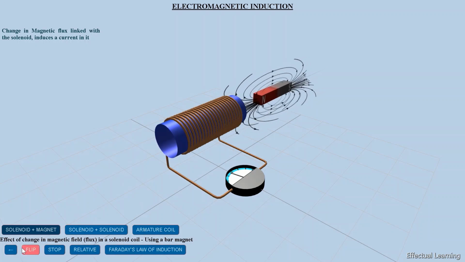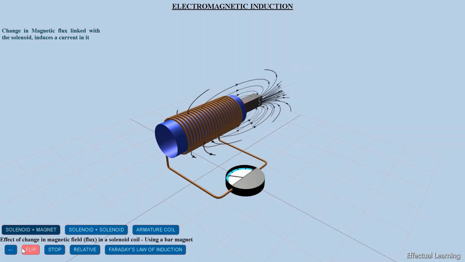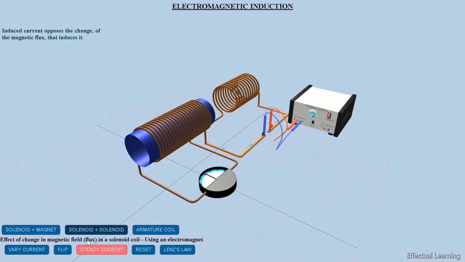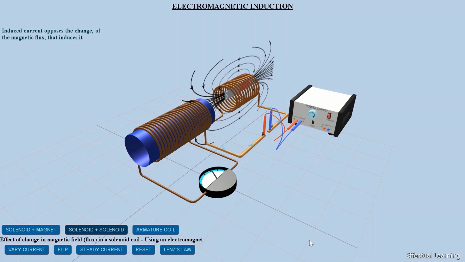Usually, change in magnetic field lines or flux linked with the coil is accomplished by using another solenoid as an electromagnet. This solenoid is known as the primary coil, and the solenoid in which current is induced is known as the secondary coil. A varying current in the primary coil induces current in the secondary coil.